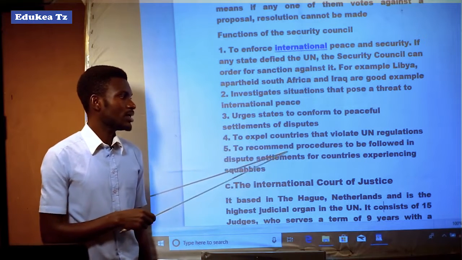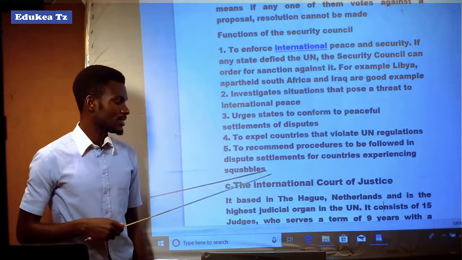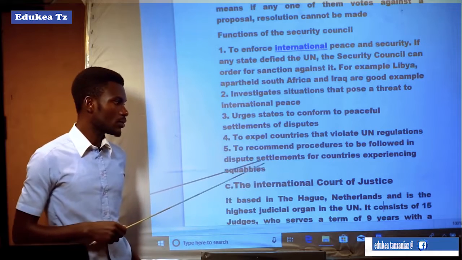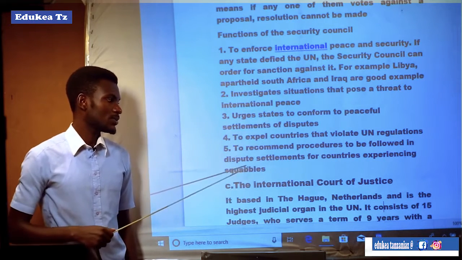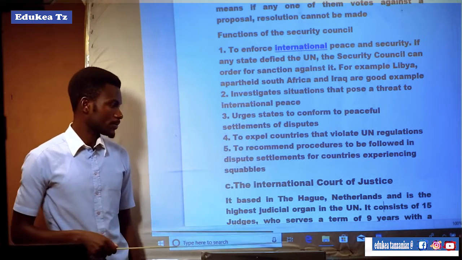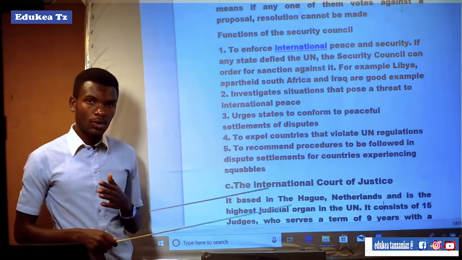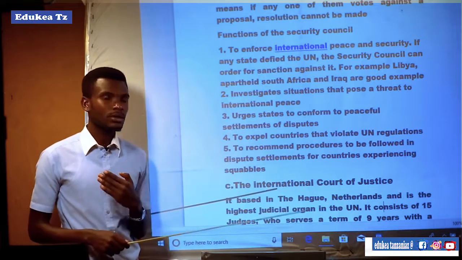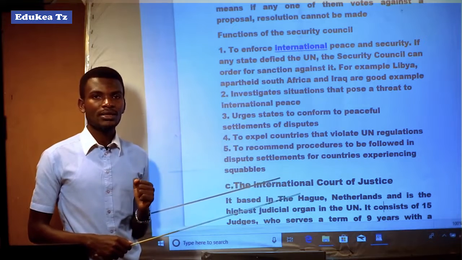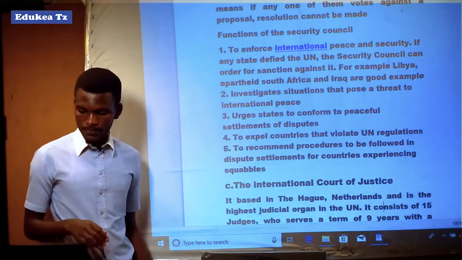Another is to recommend procedures to be followed in dispute settlement for countries experiencing squabbles, conflicts, or quarrels. It means that the Security Council recommends the procedures which must be followed in order to settle the disputes arising among countries in the world or among the member states of the UN.